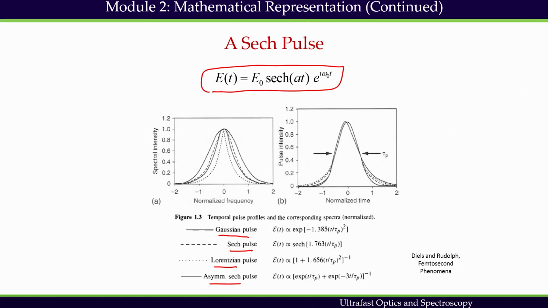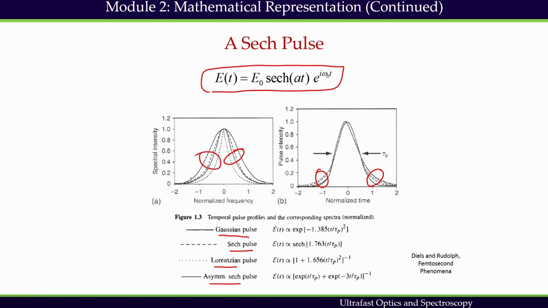Here we see that the envelope functions do not differ significantly if we change from Gaussian to, let's say, sec hyperbolic, except for the wings. This is the temporal profile of the pulses. We see a major difference in these wings, but in the spectral profile we see a major difference all over the spectrum.